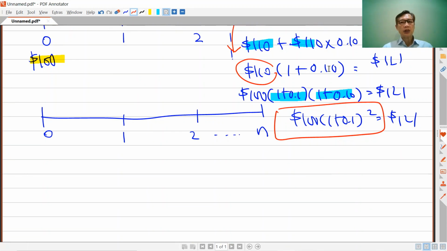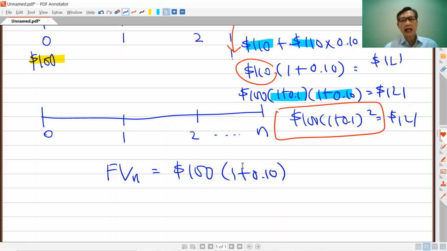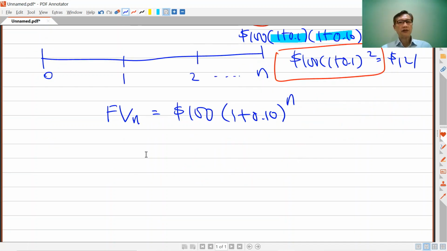So let's say that we want to go to n years, n number of years. So the future value, I use FV here, for n years, should be the figure you start off with, say 100, and the rate here is 10%, to the power of n. So to come up with a formula, we're going to generalize everything.